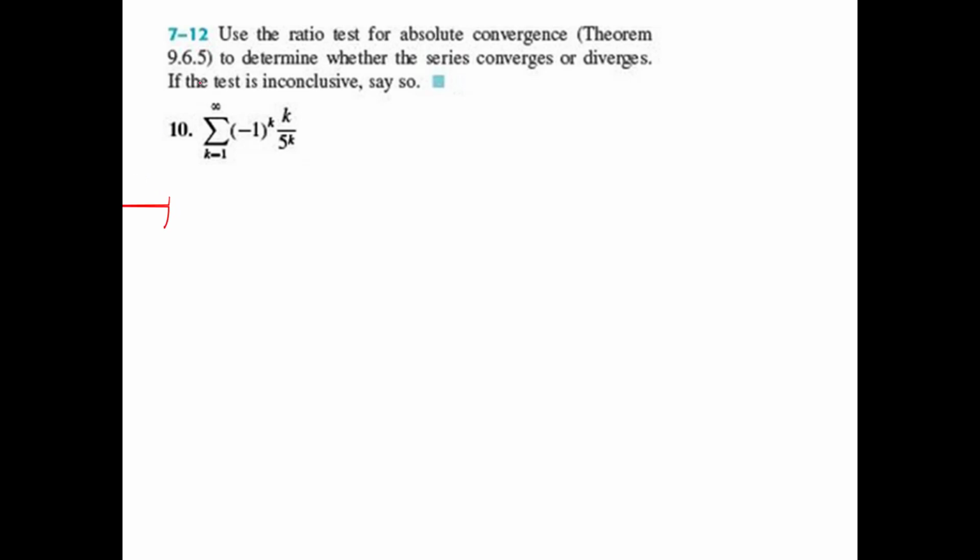Okay, so then again, the absolute value of the a sub k, we'll just get rid of this factor right here, and then we will have k over 5 to the k. The absolute value of a sub k plus 1 is then to just go to your formula right here and substitute in k plus 1 for k. So you end up with k plus 1 over 5 to the k plus 1.